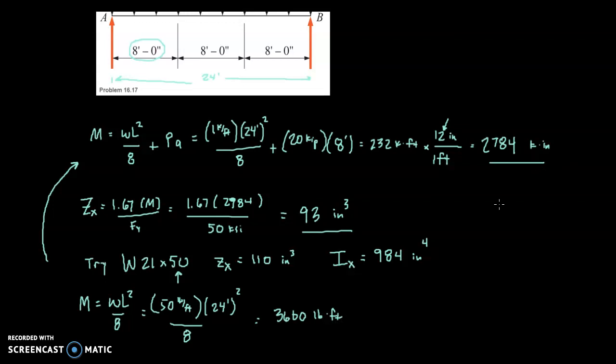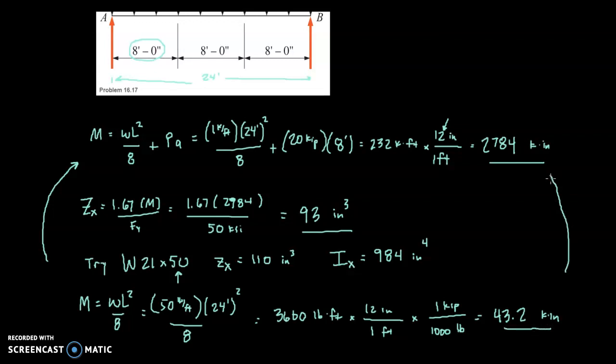Now if I want to convert that into kip-inches, for every 1 foot, there are 12 inches, and for every 1,000 pounds, there is 1 kip. And so that equals 43.2 kip-inches.